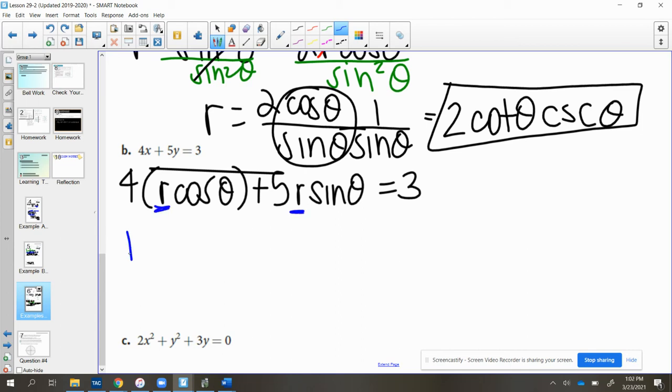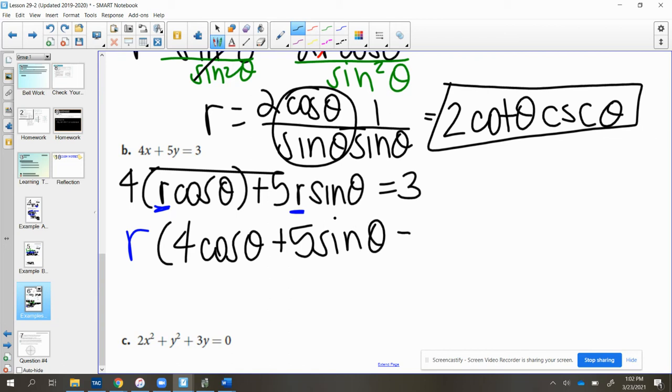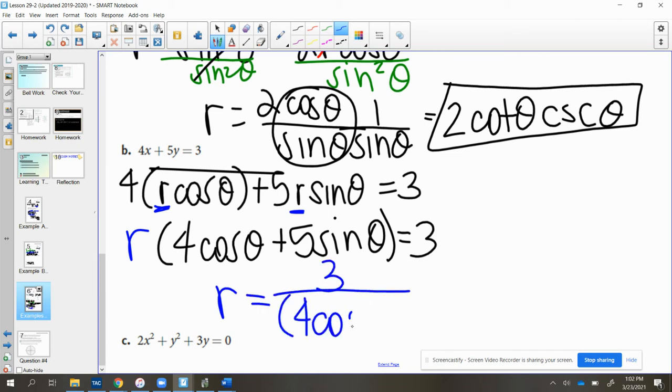Okay, so we're going to take out that GCF, and we're left now with 4 cosine theta plus 5 sine theta equals 3. And then last but not least, to get r completely by itself, we're going to divide away the piece in parentheses, and we get our equation of the line in polar format.